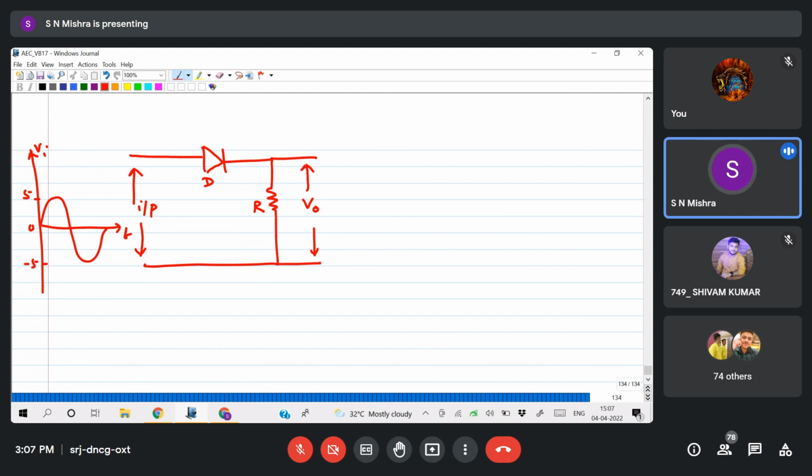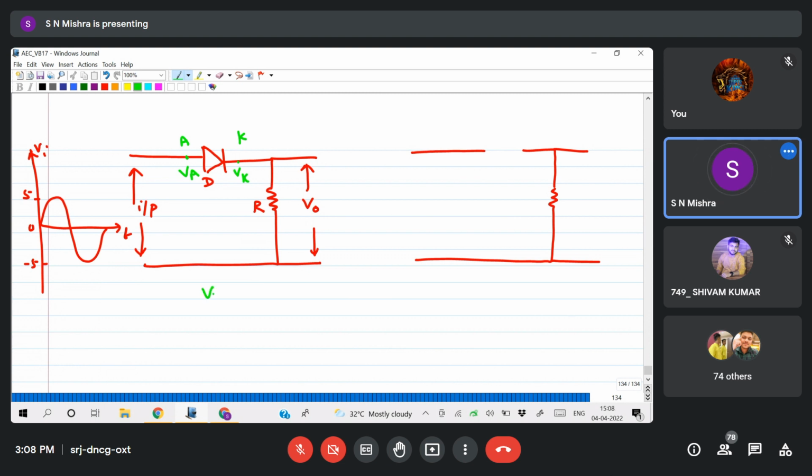So you can give it as diode open. This point is your anode and this is your cathode. So anode potential, cathode potential.